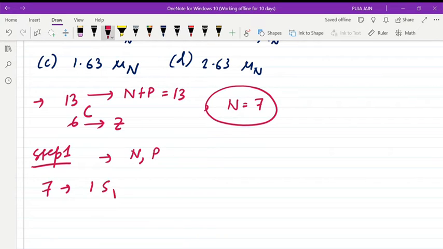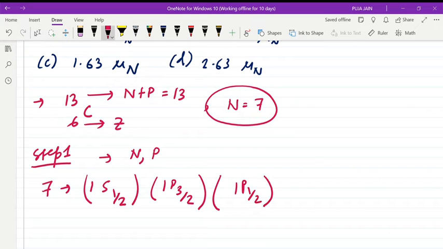Using the shell model, 1s1/2, 1p3/2 and 1p1/2. The maximum number of electrons here is 2, here 4, 2 plus 4 is 6, and here 1 is left, that is 7. So we are getting the last shell as 1p1/2.